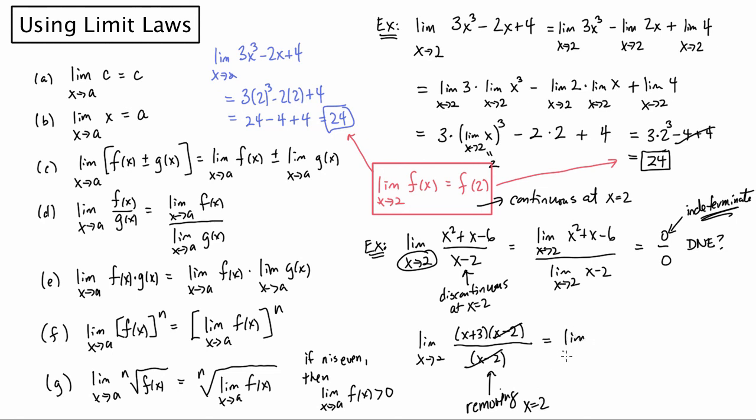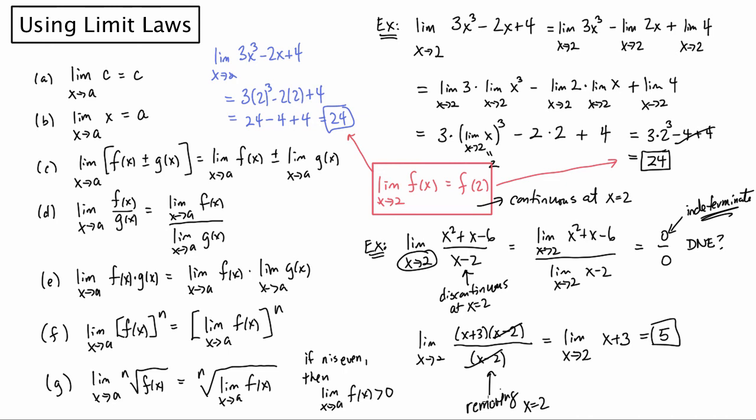And then what I'm left with is the limit as x goes to 2 of x plus 3. Plugging in 2 then, that limit is 5. And so the actual limit for this function is 5, even though if I just tried to plug things in directly, I would get 0 over 0, which is an indeterminate answer.